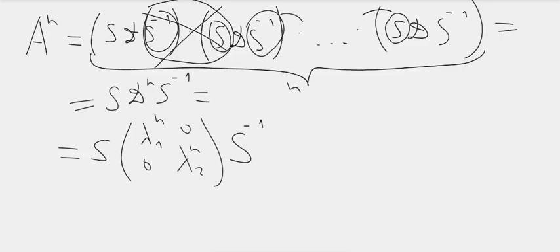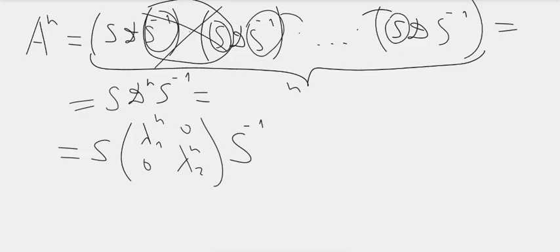Basically, that's already the formula that we needed. We can substitute the known numbers. We know both lambda 1 and lambda 2. We know S. We know S to the power minus 1. So we basically found this A to the power of n.